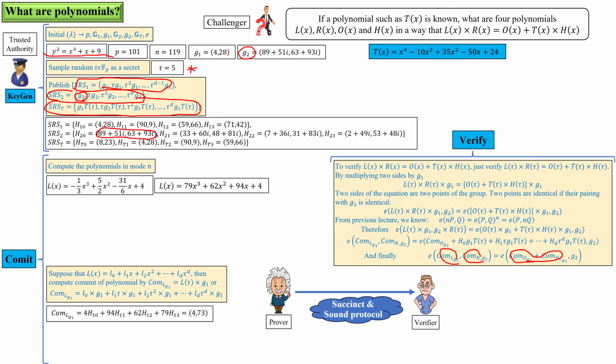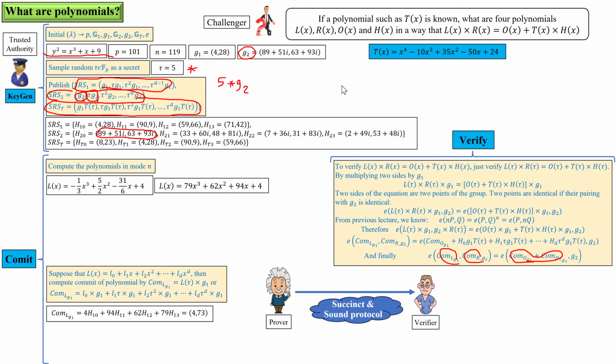This is G2, the generator of group number 2. The second element of SRS2 equals tau multiplied by G2, and tau is 5, right? So this means that we need to compute 5 multiplied by G2.